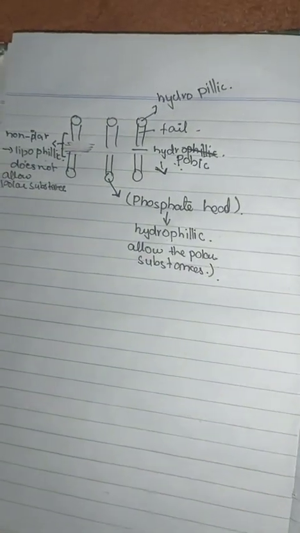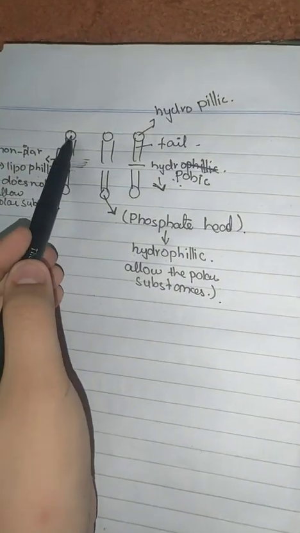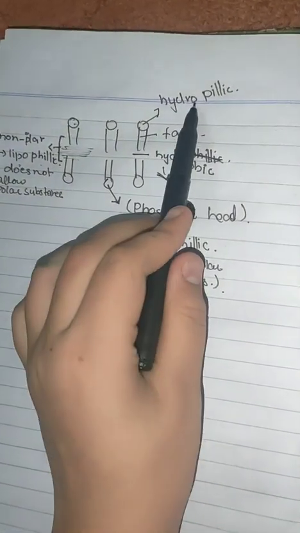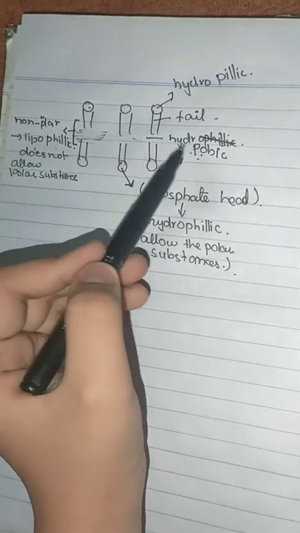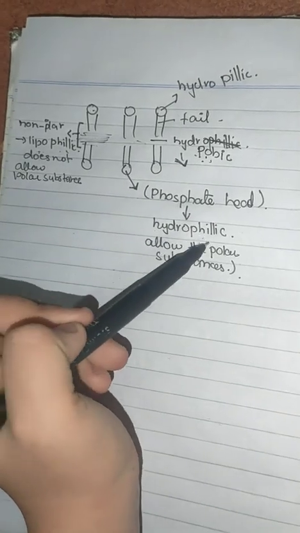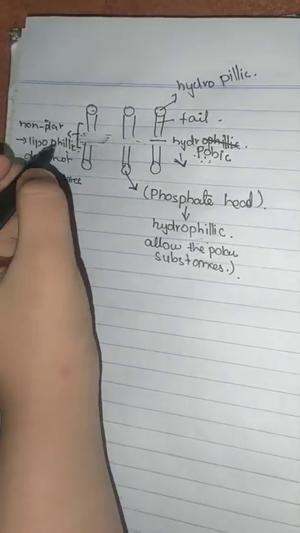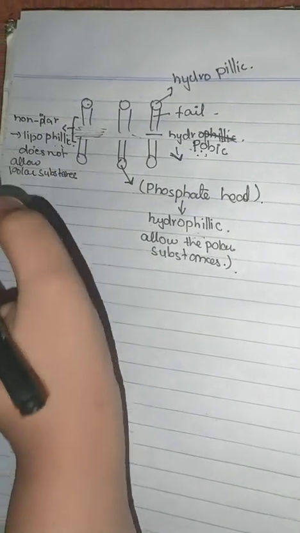So the head is hydrophilic, water loving, and the tail is hydrophobic, against water.